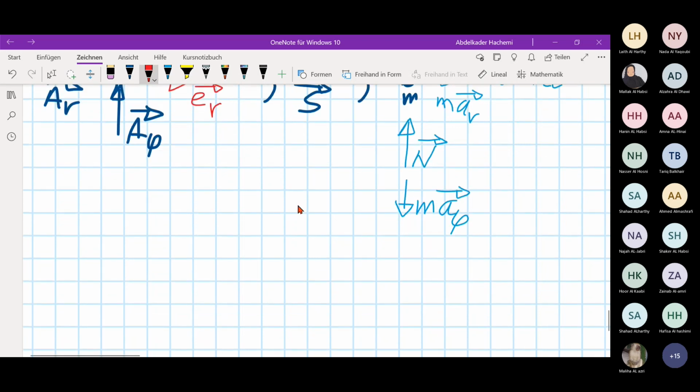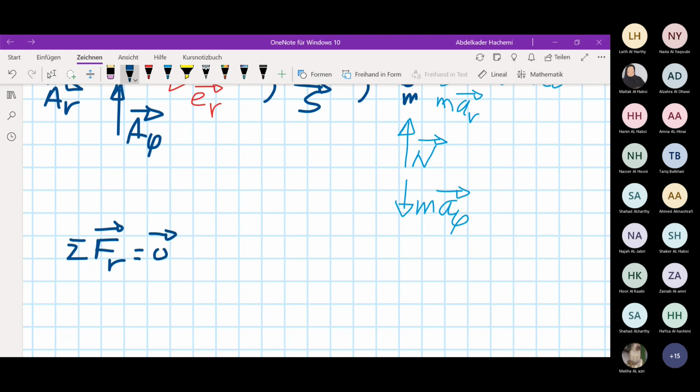Okay. Now, if I make the equilibrium, then we have to write the sum of the forces in radial and circumferential direction. Then we get the sum of the forces in radial direction, which is equal to 0.